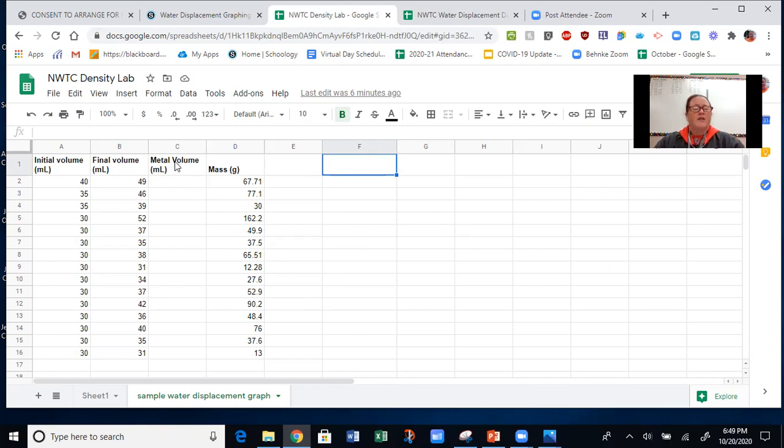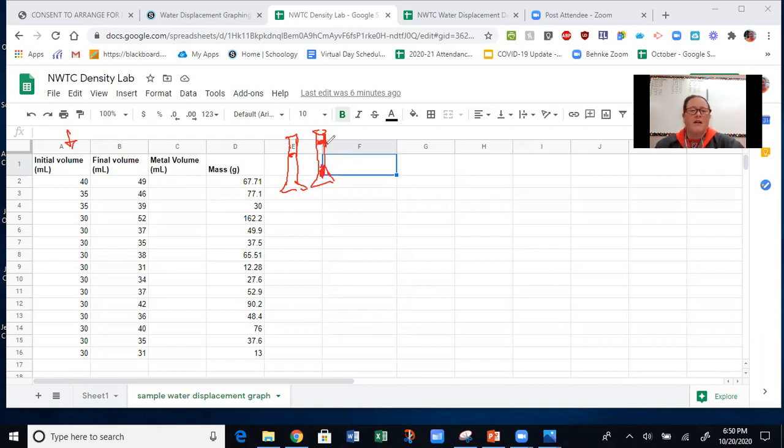So when we used water displacement, I'll just refresh your mind here. I had a graduated cylinder, and it had a certain amount of water in, which was the initial water. And then I put the objects in, and the water level went up.